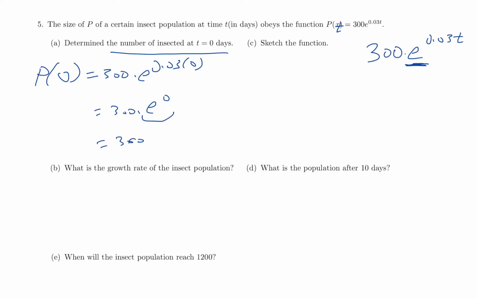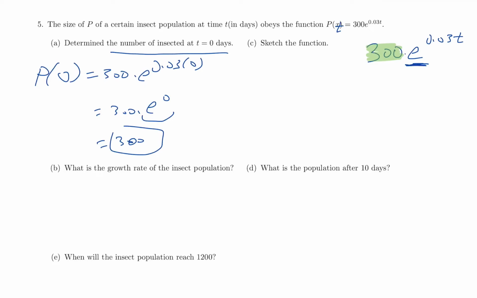So 300 is the initial population. And we can also see that by 300 being right here, the number multiplied to the e exponential expression.